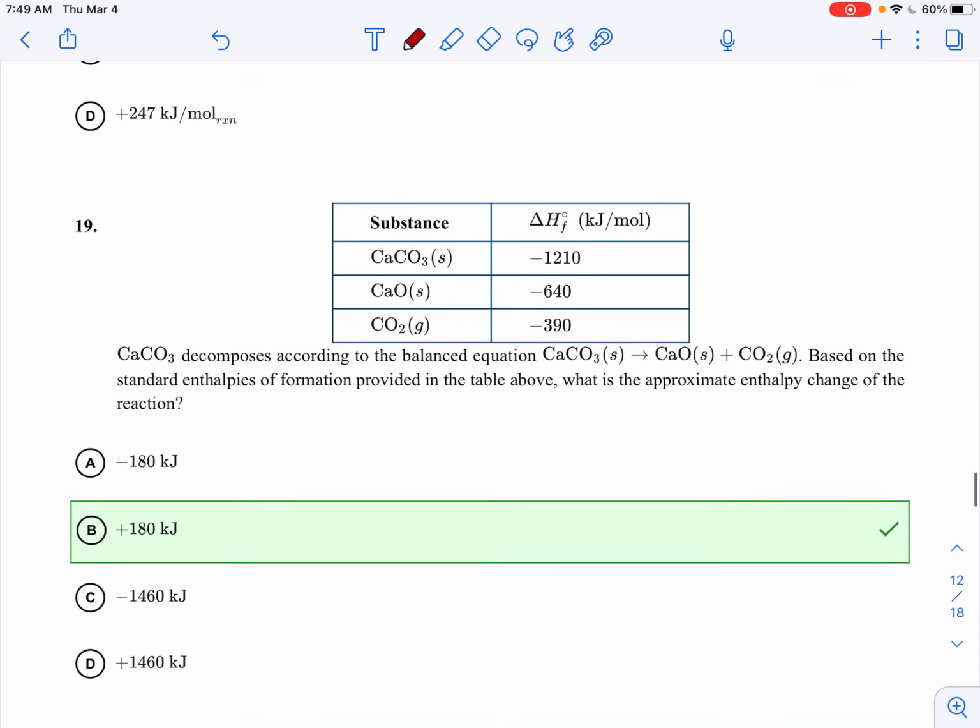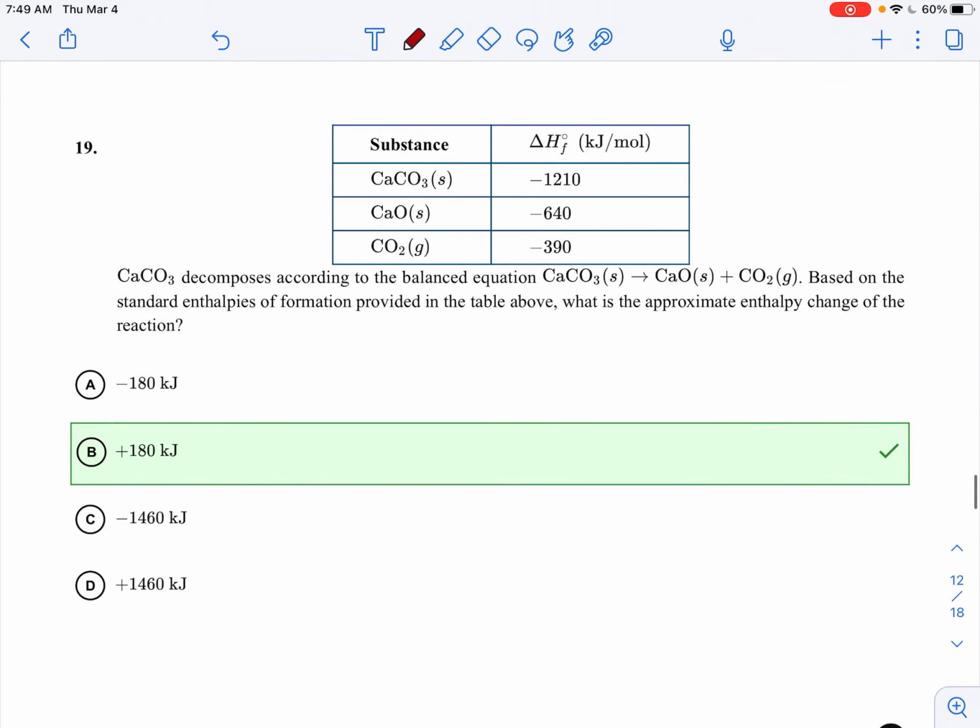Okay. Now, number 19, calcium carbonate decomposes according to the balanced equation. Based on the standard enthalpies of formation provided in the table above, what is the approximate enthalpy change for the reaction? Now, in this case, we have heats of formation. We're not talking about bonds breaking or bonds forming. We're talking about heats of formation.